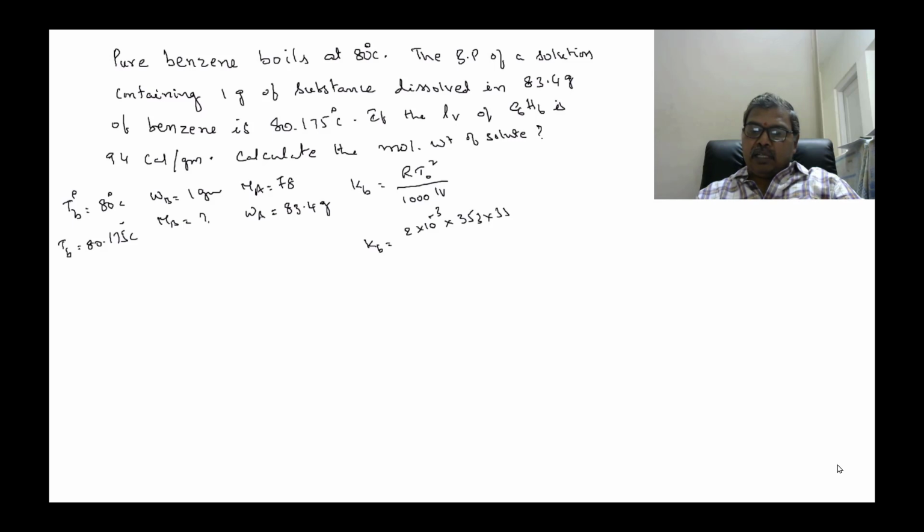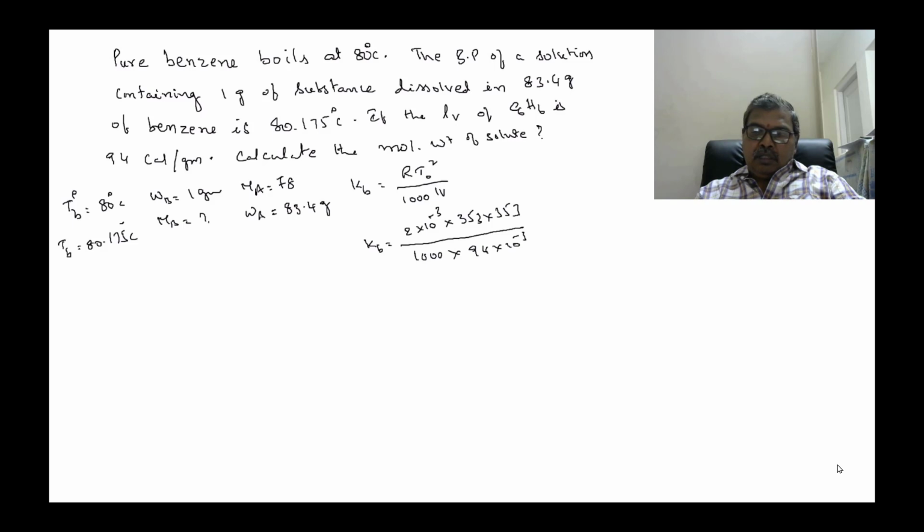So 353 into 353 by 1000 into the latent heat of vaporization, 94 calories, so 94 into 10 power minus 3.